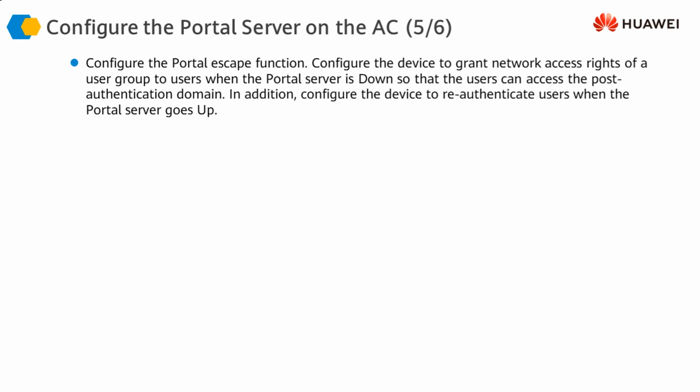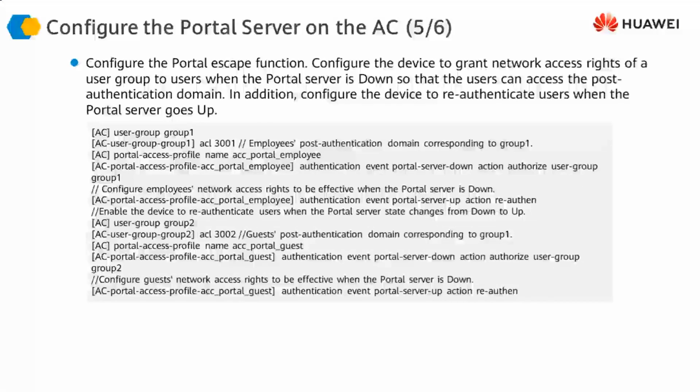Then we configure the user group. We assign the access list 3001 to the user group called group 1 here, and we add the authentication event portal server down here.